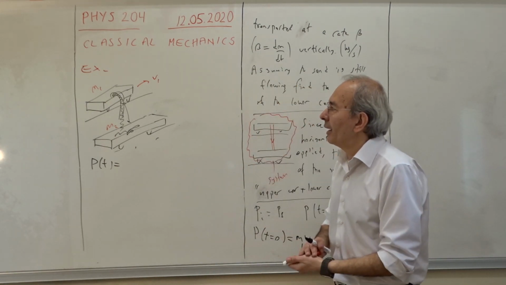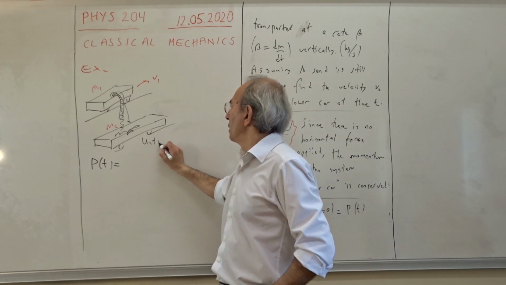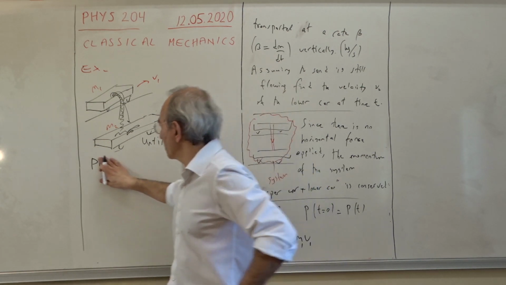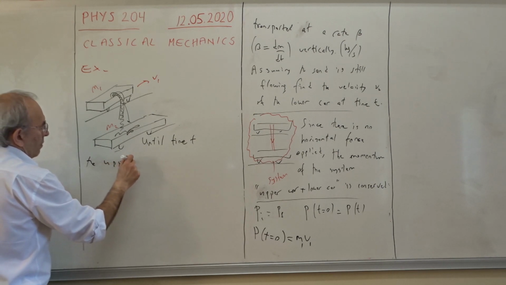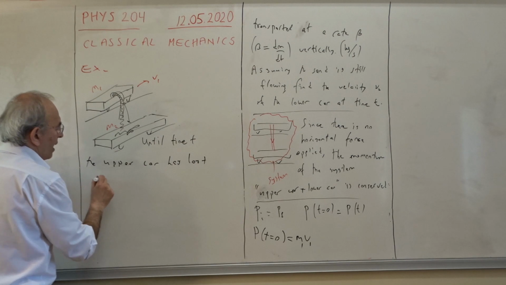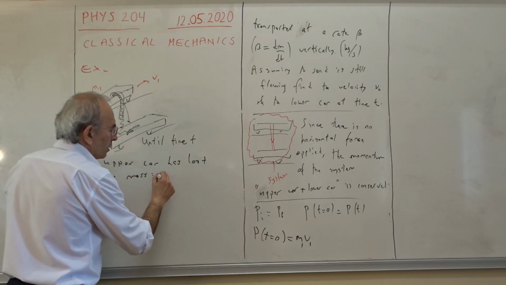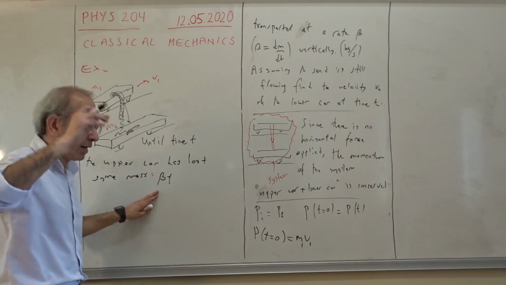Alright, then until time t, the upper car has lost some mass. What is that mass? It is beta times t. So this is the missing mass for the upper car.